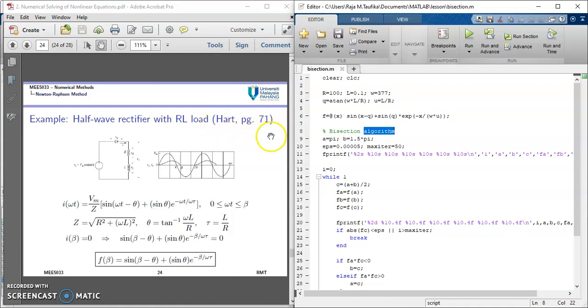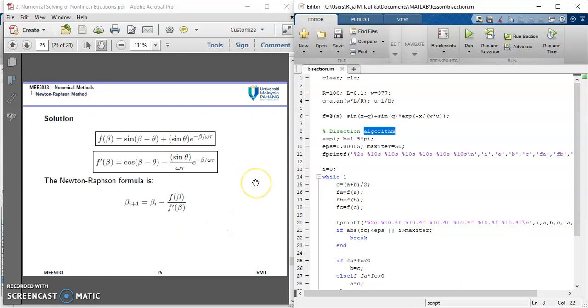By the way, the Newton-Raphson algorithm is relatively easier as compared to bisection because it only consists of a single equation that can be seen here, but this simple equation comes at the expense of finding the derivative of the function, which is f prime beta. So let's begin with the programming.